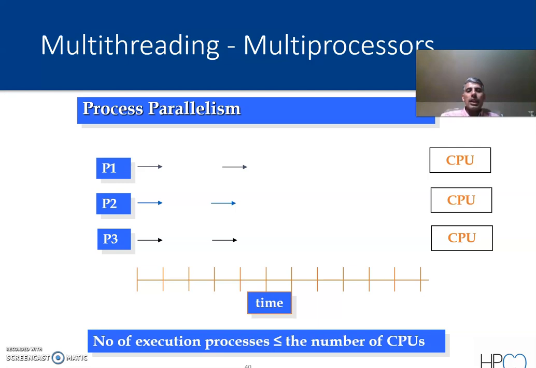One is multiprocessing or parallel processing, as you can see here, parallelism, versus another type of using threads, and that is concurrency.